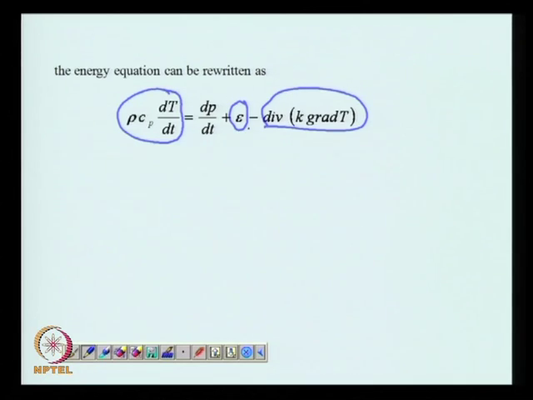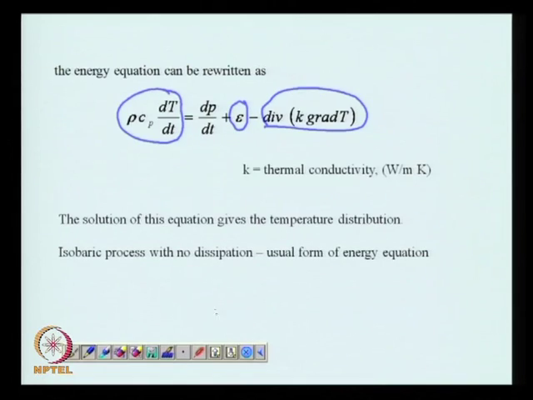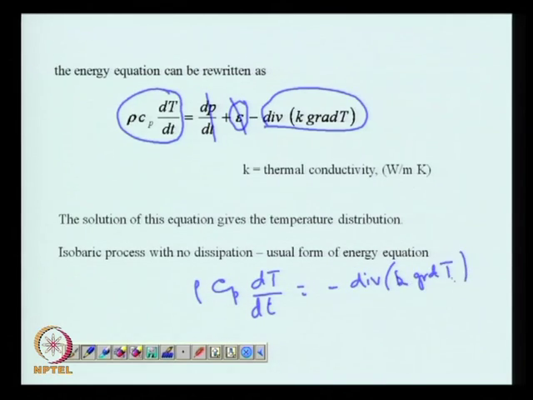So, this dissipation function is denoted by epsilon. Here K is the thermal conductivity, and the solution of this equation gives us the temperature distribution in any substrate. So, if it is an isobaric process with no dissipation, then these two terms will not be there, and what we will simply have is rho Cp dT over dt is equal to divergence of K grad T. So, this is the form of the energy equation with which we are mostly familiar.